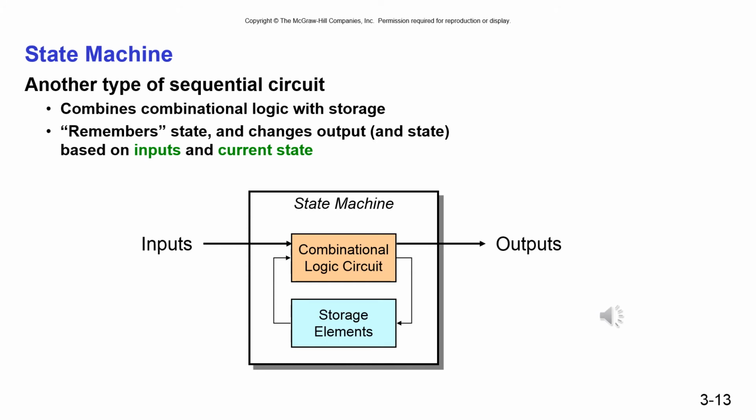By the way, if we jump to the chase, a computer is a state machine, and it has inputs and outputs. It has combinational logic circuits for performing arithmetic logic computations, and it also has storage elements for storing information.